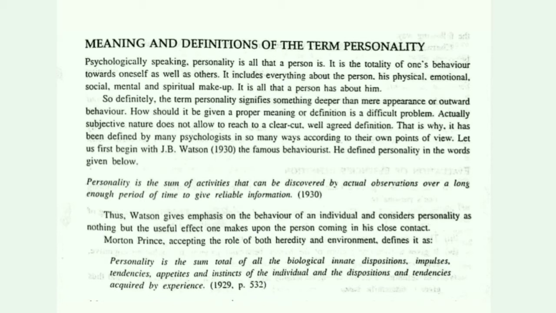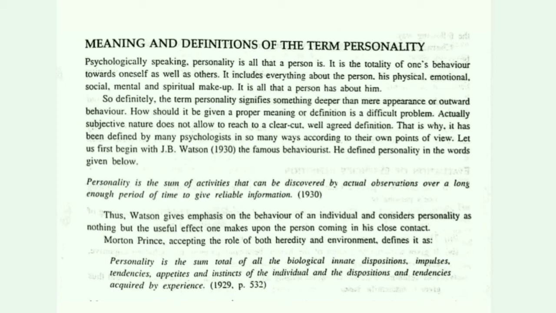Remember this, to get reliable information. Thus, Watson gives emphasis on the behavior of an individual and considers personality as nothing but the useful effect one makes upon the person coming into his close contact.